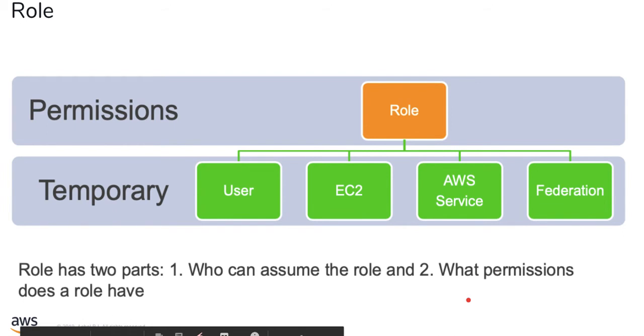A role has two parts: who can assume the role, and what permission that role has. You should always remember that there is a role that someone will assume, and a permission that goes along with that role.